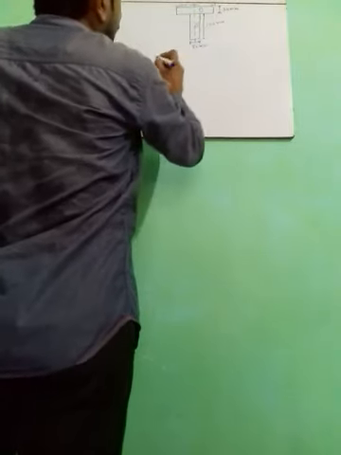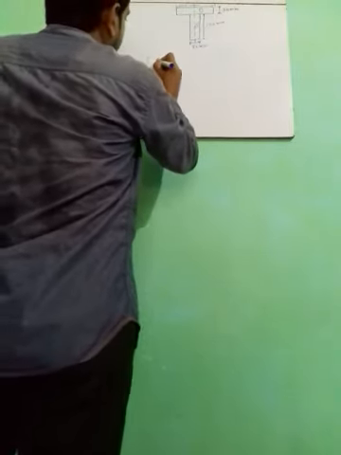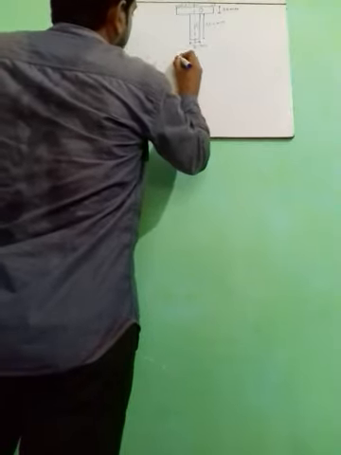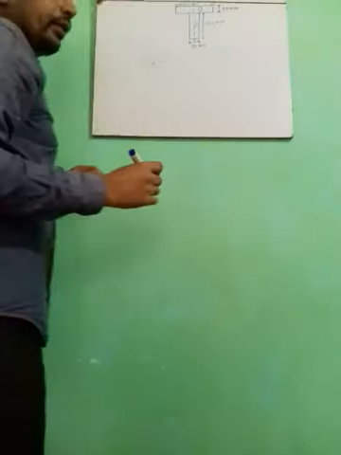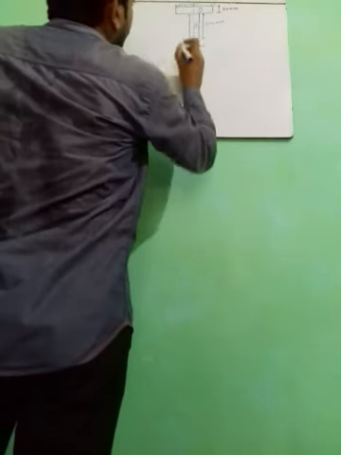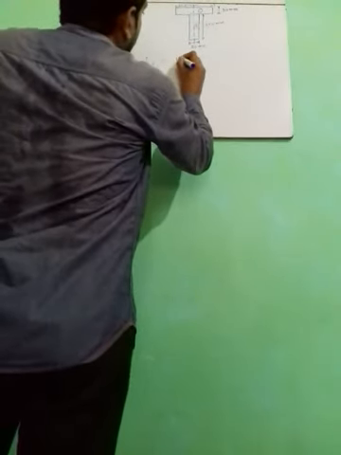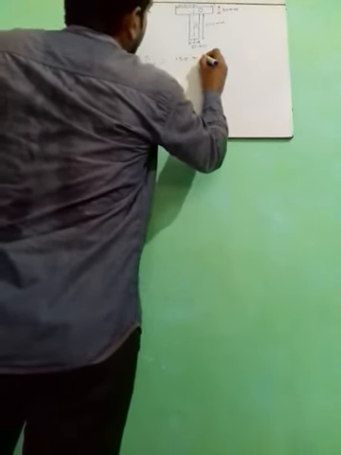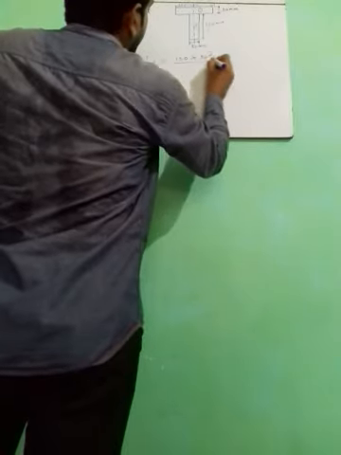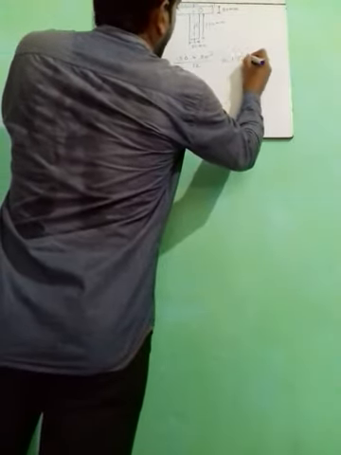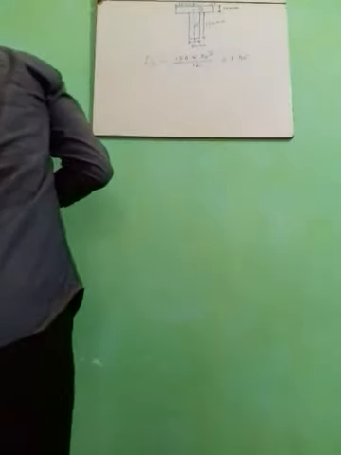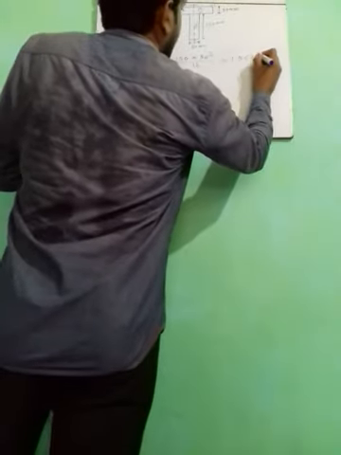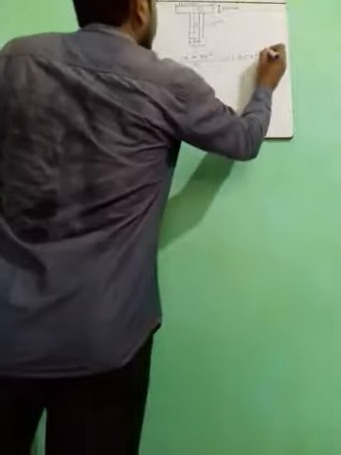Here there are two figures, so we take Ig1. Ig1 equals BD cubed by 12, as this is a rectangle. Here B means 150, D means 50, so 150 into 50 cubed by 12, and calculating we get the value 1.5625 into 10 to the 6.